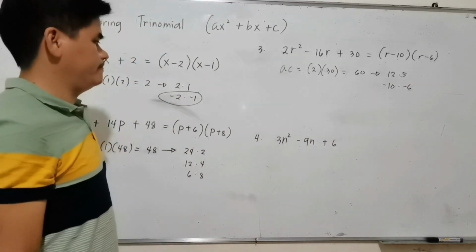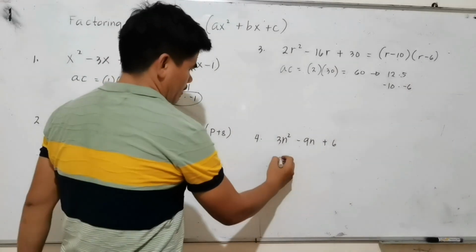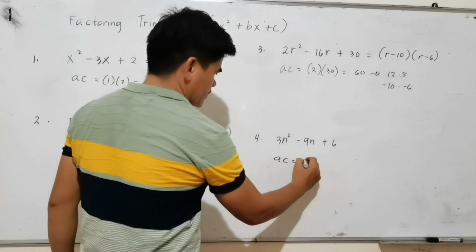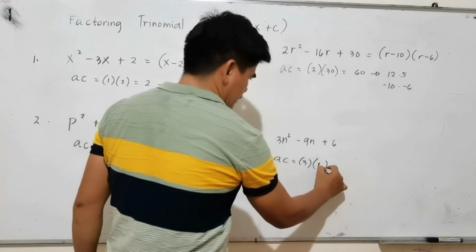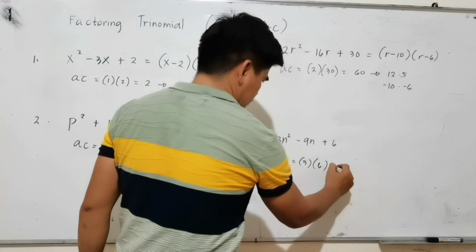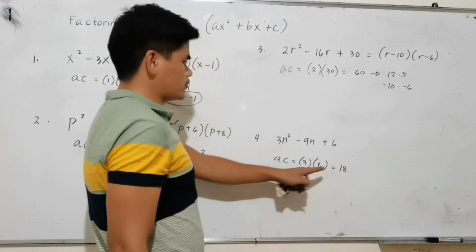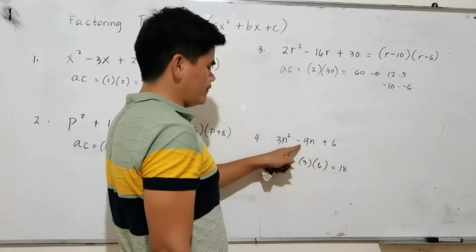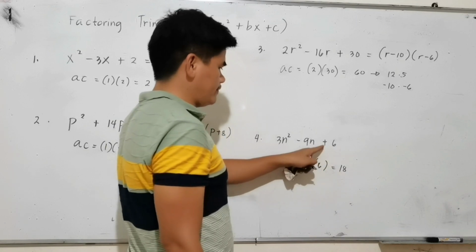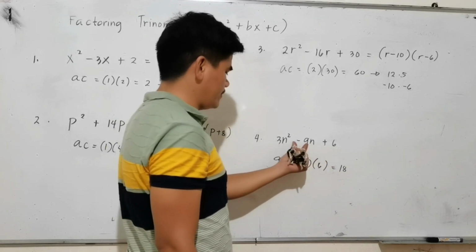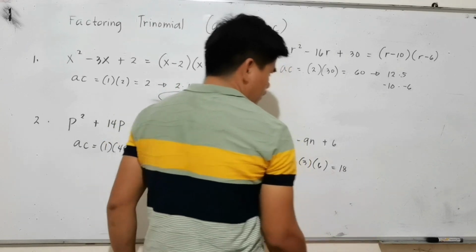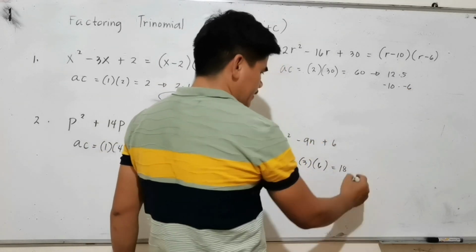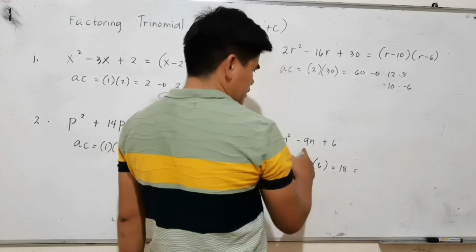Number 4. So we have a times c, we have 3 times 6, that is 18. Right? Factor of 18. If the last term is positive and the middle term is negative, let us look for factors that are both negative.